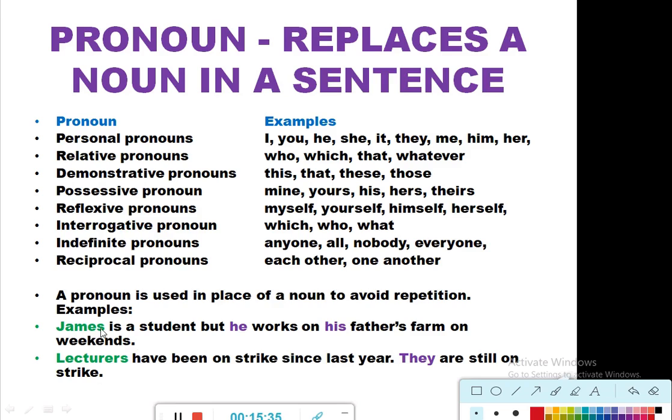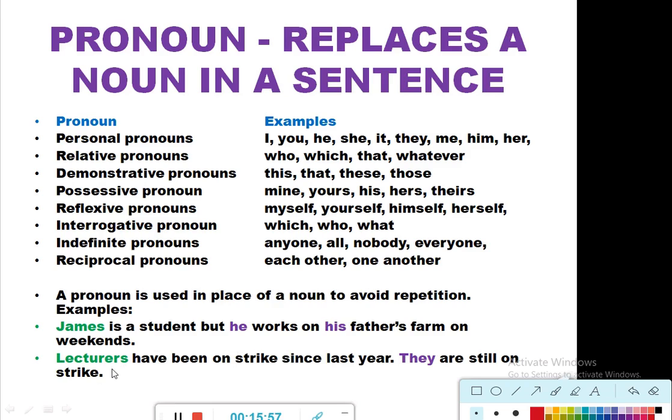Once we have mentioned James, it will be repetition if we say James is a student, but James works on James's father's farm on weekends. It will sound boring. So we replace James with he, and we replace James's with his.